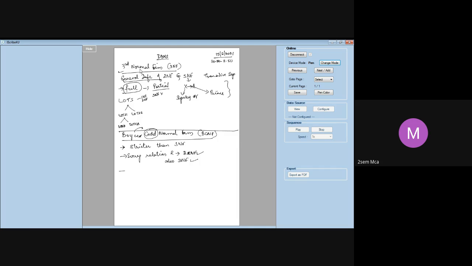But every table R which is in 3NF need not be in BCNF. Every BCNF table should be in 3NF also, but every relation in third normal form need not satisfy Boyce-Codd normal form. These are two important points that you should understand.